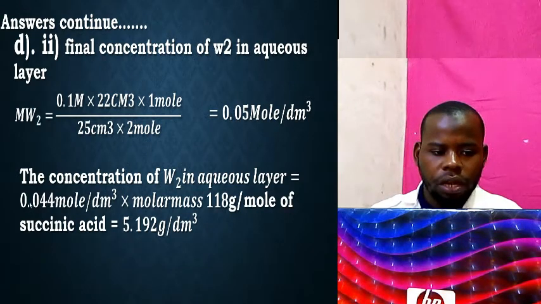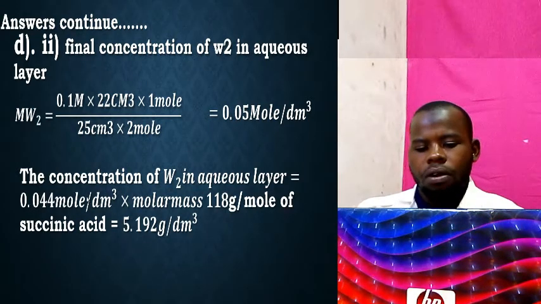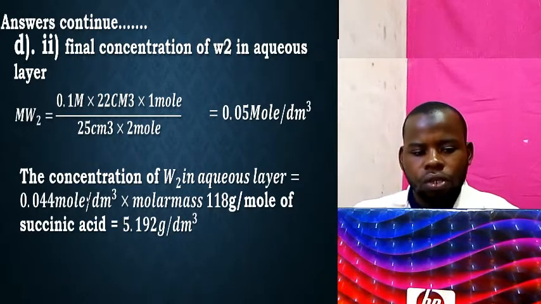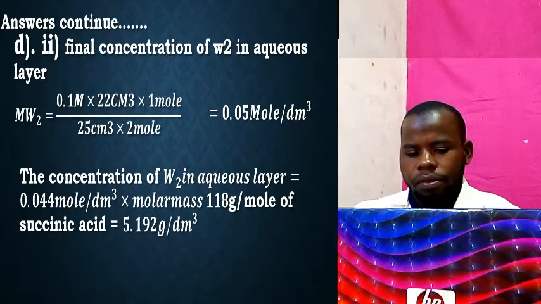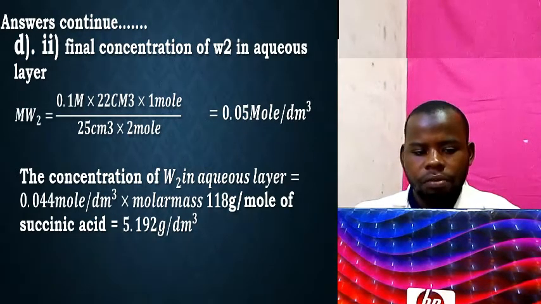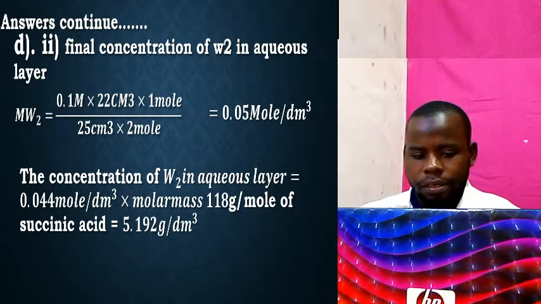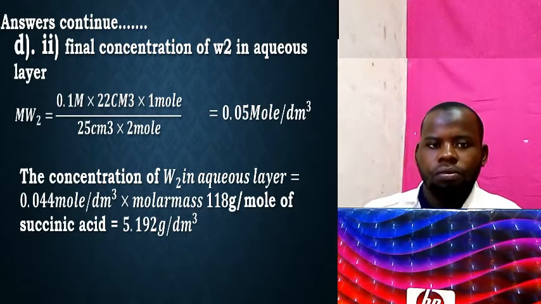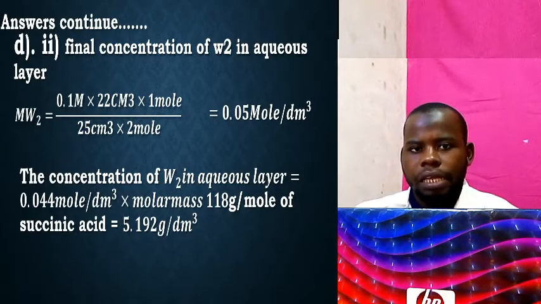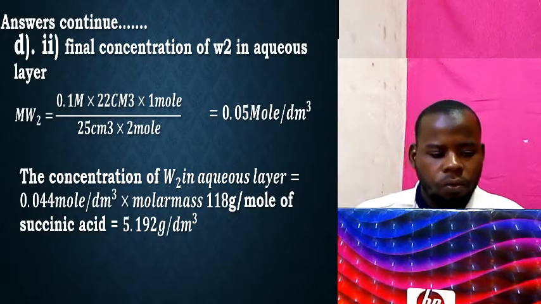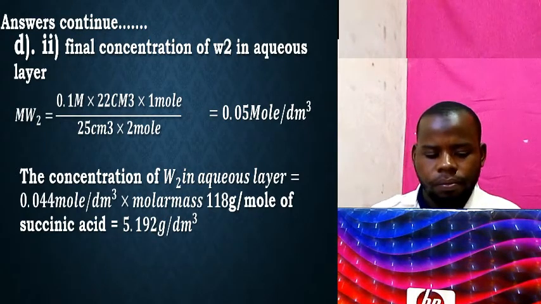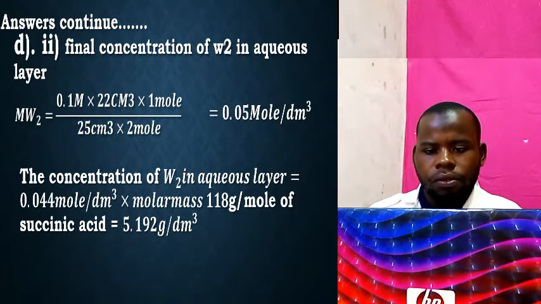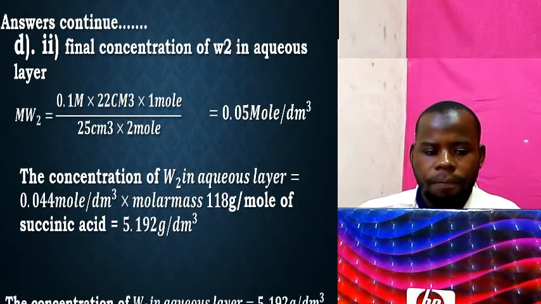The answer is this one: the concentration of W2 in aqueous layer is equal to 0.044 of succinic acid. In order to get the concentration, we take 0.044 times the molar mass 118. The concentration is equal to 5.192. That is the concentration in aqueous layer.